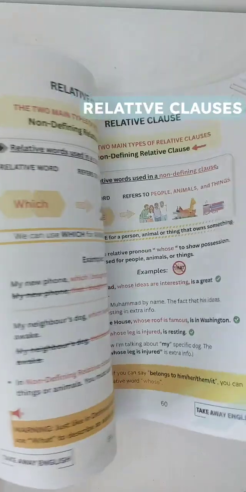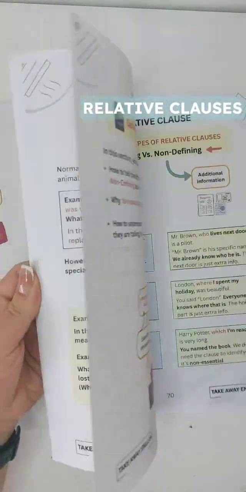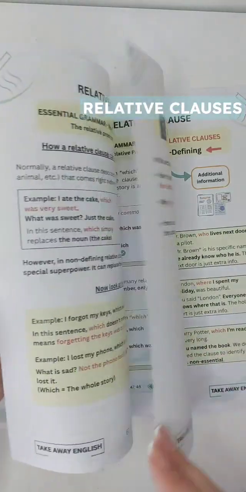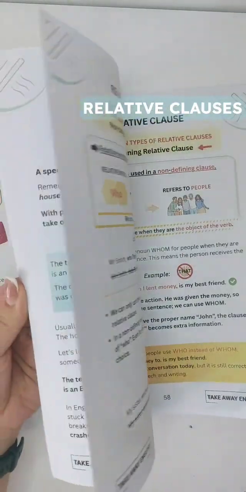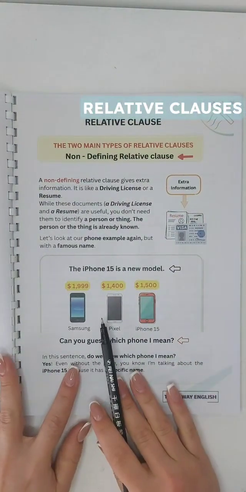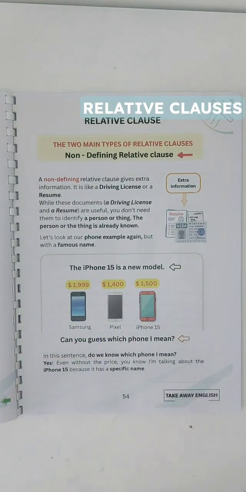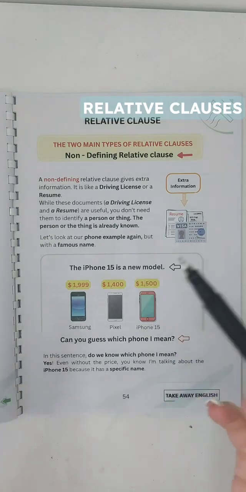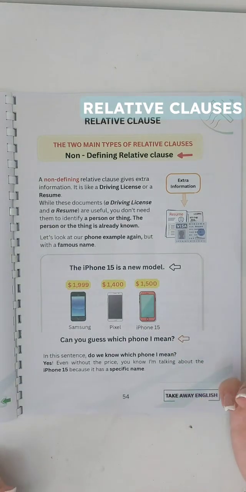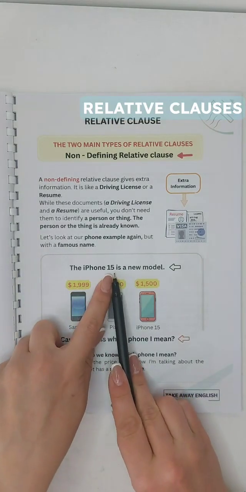And let's have a look at non-defining clause. Where is it? Here. The iPhone 15 is a new model. Now we have a non-defining relative clause. Why? Because we start the sentence with the iPhone 15.